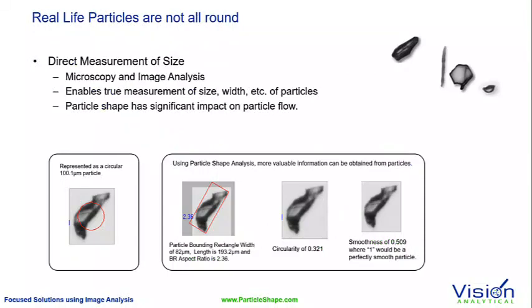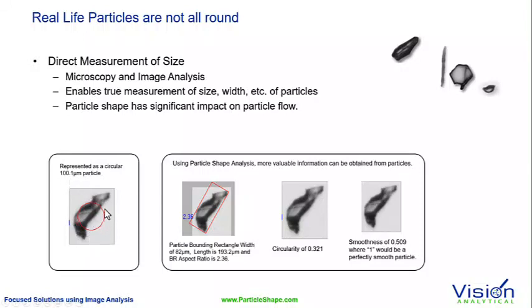When it comes to dynamic image analysis and microscopy, those are considered direct measurement techniques. The direct measurement technique does take an actual photo of the particle, and we can actually do a lot of things. Again, over 32 shape measurements, we can actually tell you size, assuming it's round. As you can see here, this particle, we're adding a model onto it that assumes the particle is round, and it's showing up as a 100 micron particle.